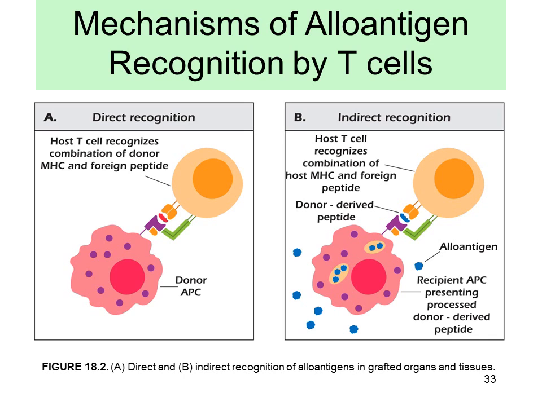The other way is that you have a recipient APC, your own APC, picking up a portion of the tissue and processing it, and then presenting the same protein on your own MHC. In the first case, the MHC plus the antigen presenting cell was from the donor. In this case, the antigen presenting cell is from the host.